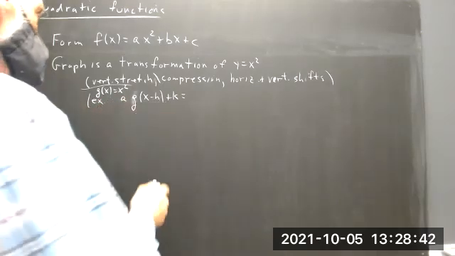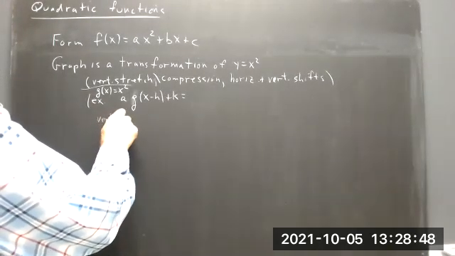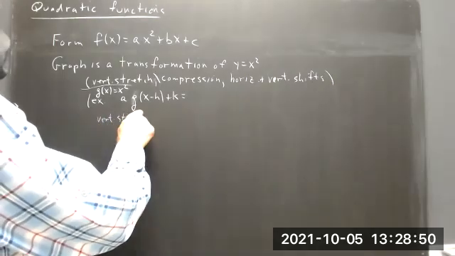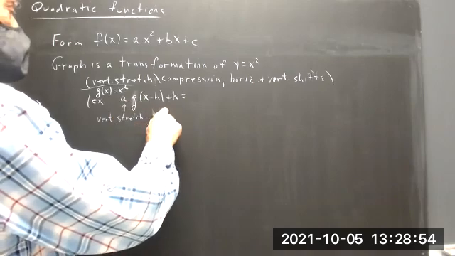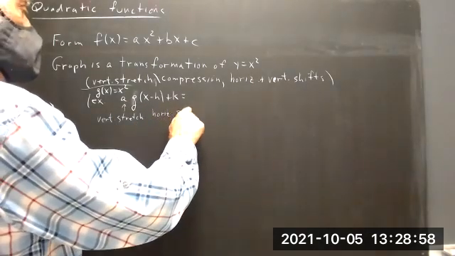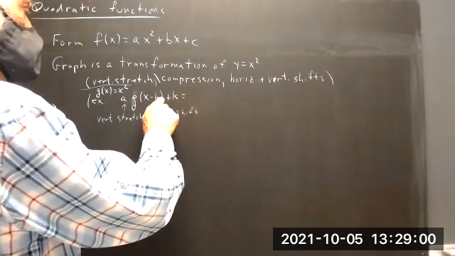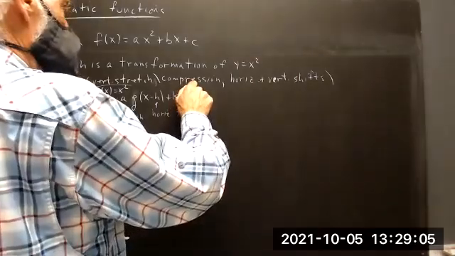So a times (x minus h) squared plus k. That's a vertical stretch or compression, a horizontal shift, and a vertical shift.